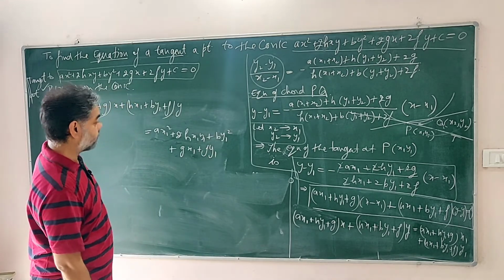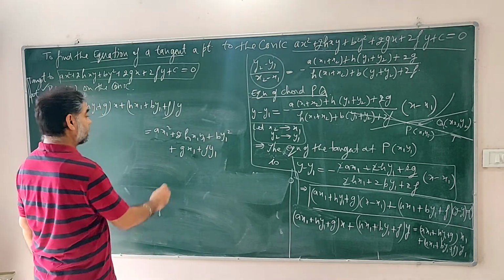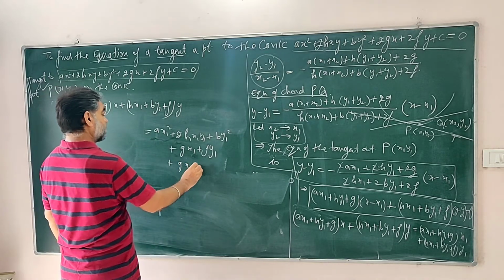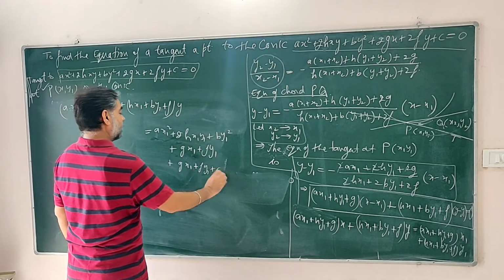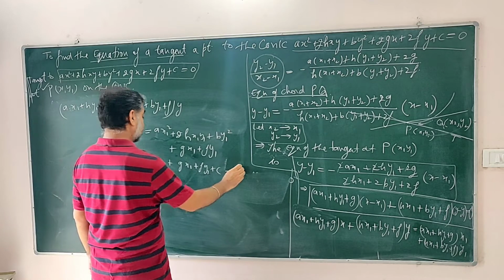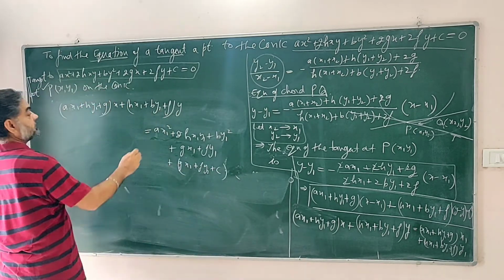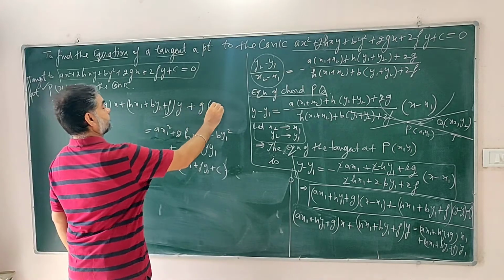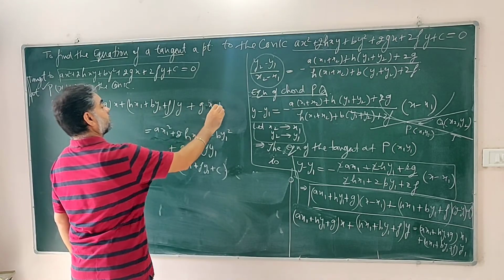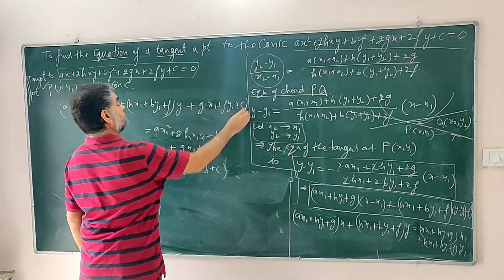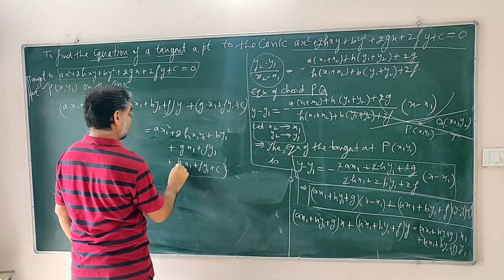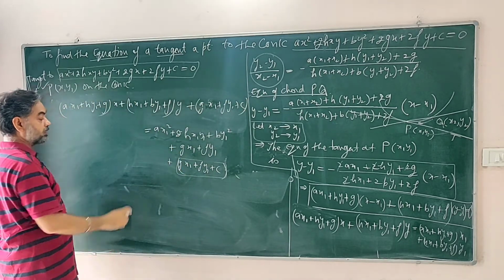So what we do is we add gx1 plus fy1 plus c here, and also add gx1 plus fy1 plus c on both sides. We have added this into both sides to balance it.